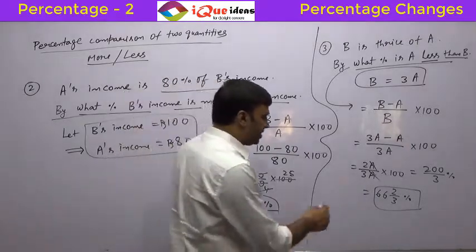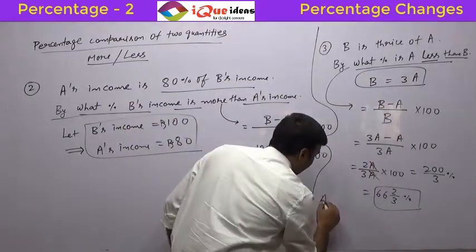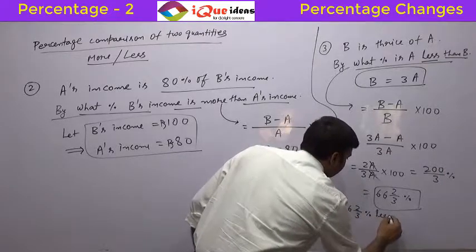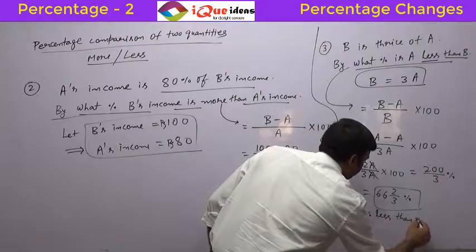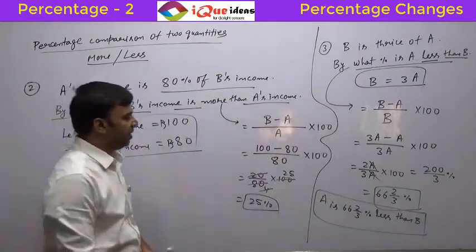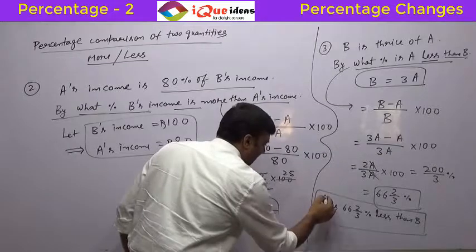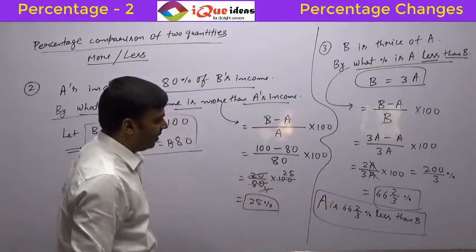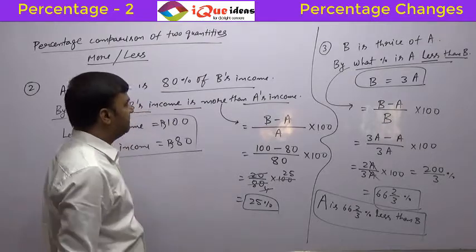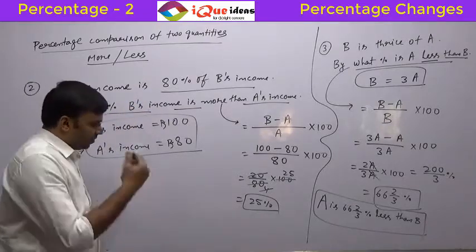Please understand what this 66 2 by 3% is: A is 66 2 by 3 percentage less than B. Right? So please be careful. Whichever quantity comes after "than" will come in the denominator, and in the numerator we will have the difference according to the situation. Okay, now let's go to the next part.